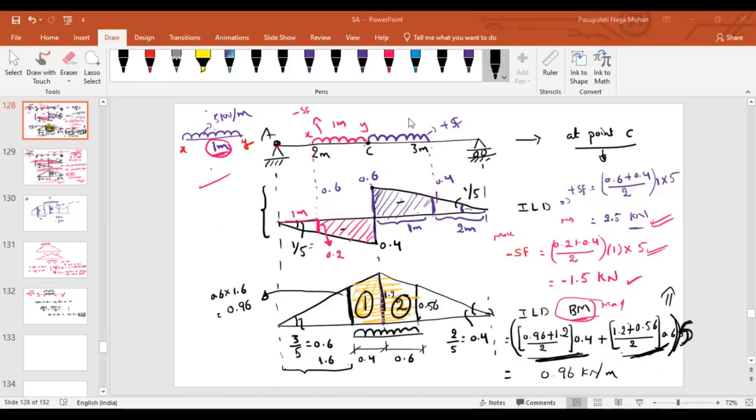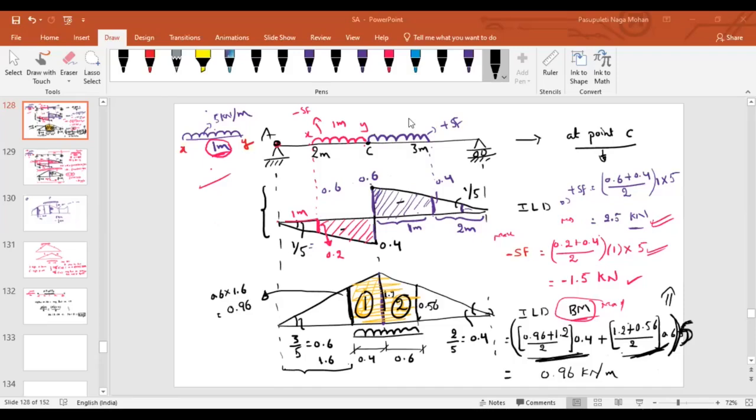Calculating, sir. Yeah, please. The first magnitude 0.96 plus 1.2 by 2.